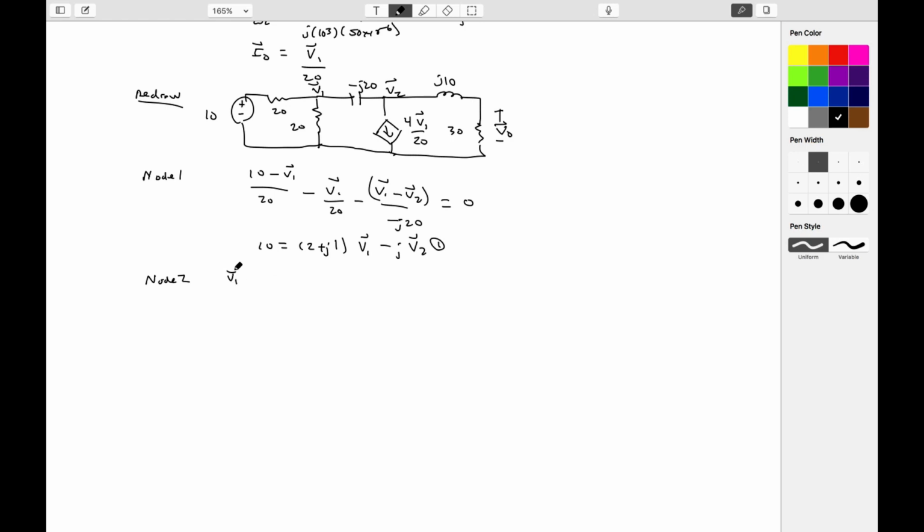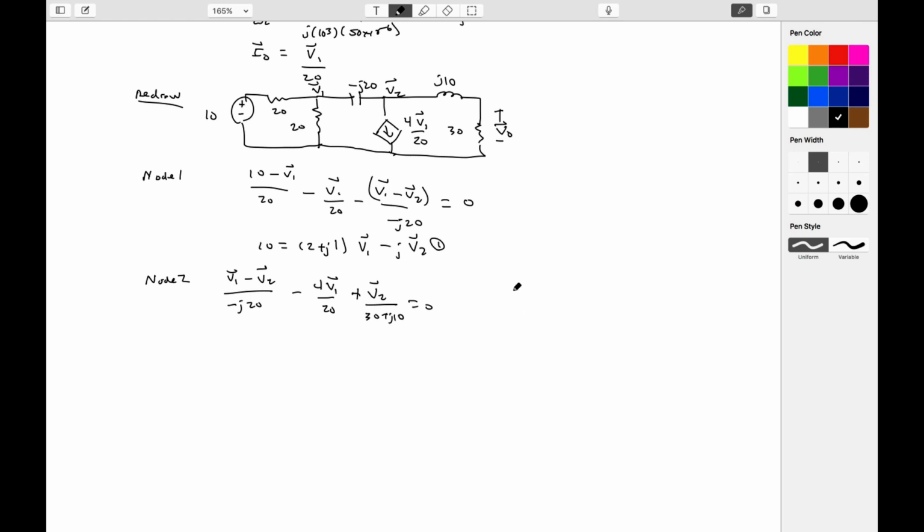Next we can do node 2. At node 2, I have V1 minus V2 over negative j20 coming in, minus 4 V1 over 20 coming out, plus V2 over 30 plus j10, which is the equivalent impedance over here, equals 0.